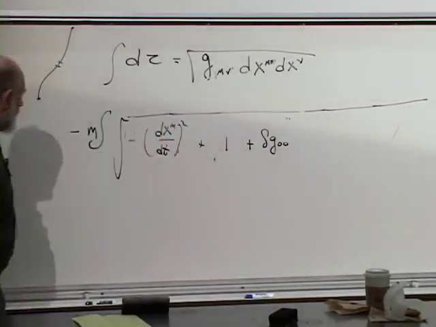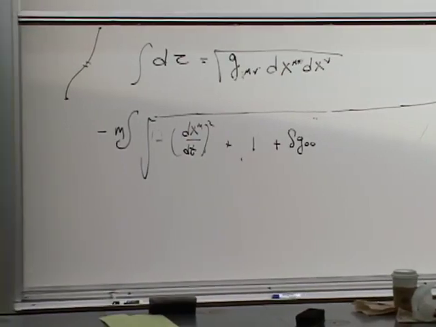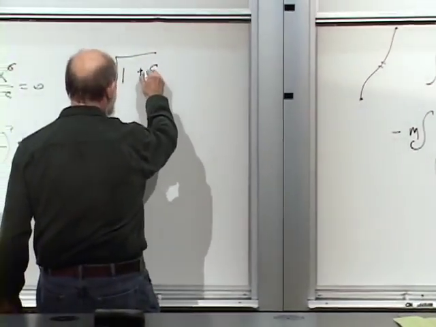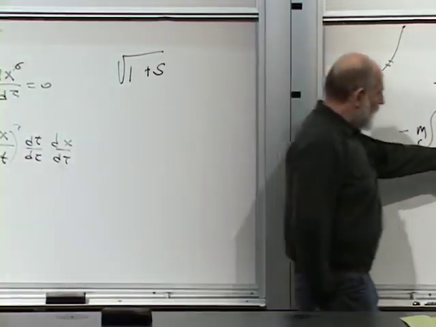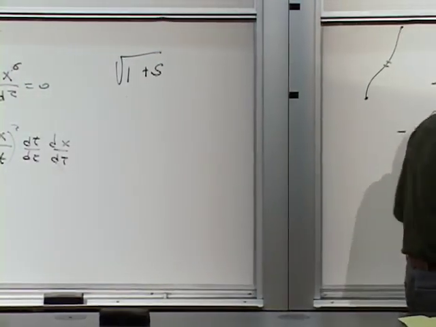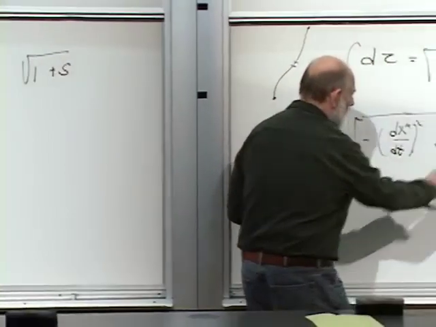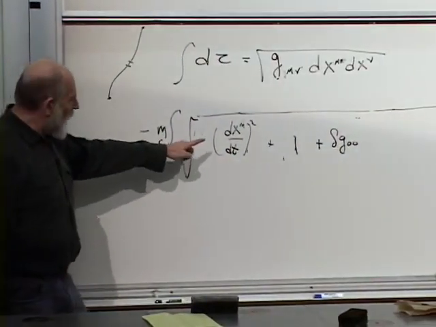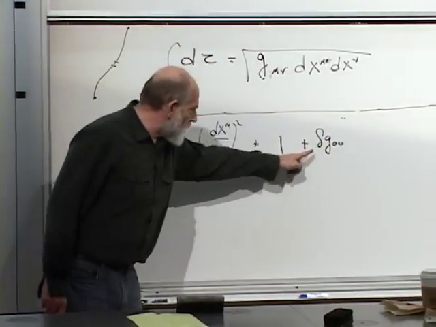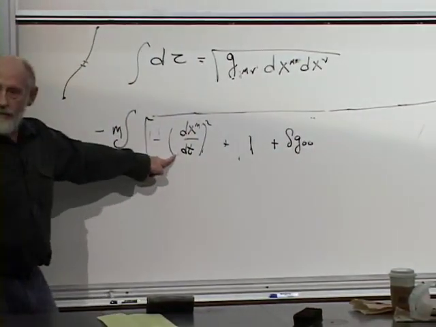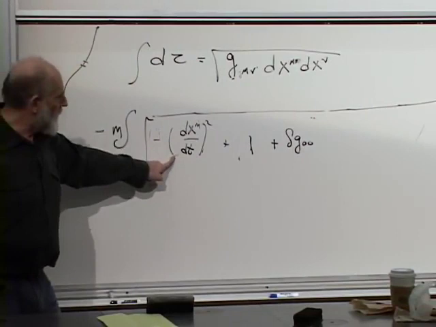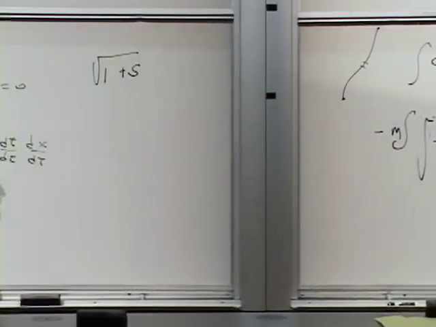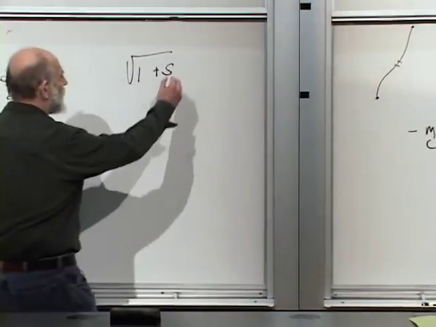We have square root of 1 plus something small, and the something small consists of delta g naught naught and the square of the velocity. So what's the rule for the square root of 1 plus s? 1 plus s over 2.